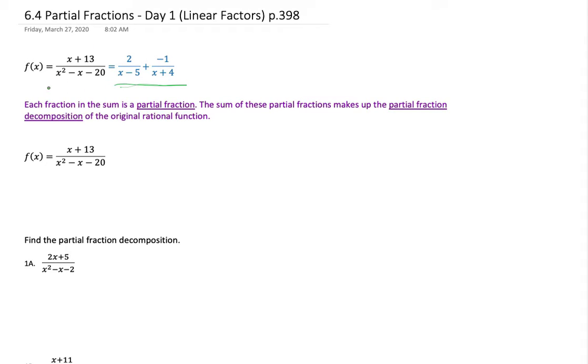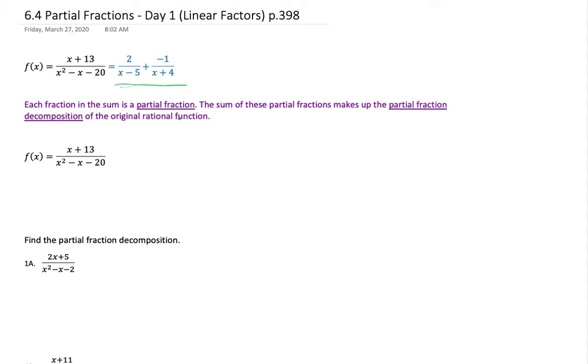But what we're going to do today is start with this and end up with the partial fraction decomposition. Each fraction in the sum is a partial fraction. The sum of these partial fractions makes up the partial fraction decomposition of the original rational function. That's a mouthful.